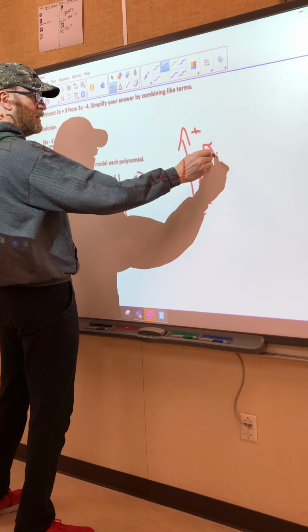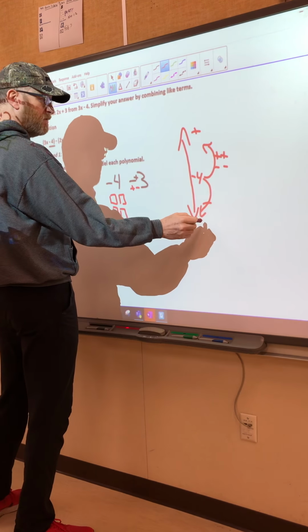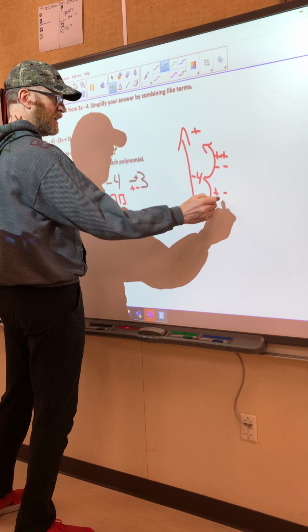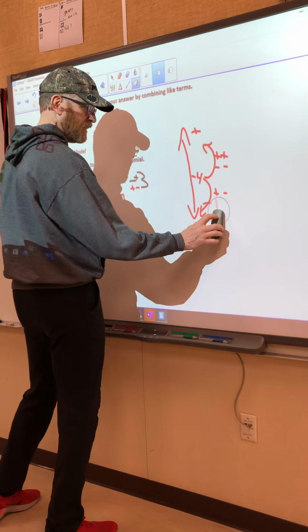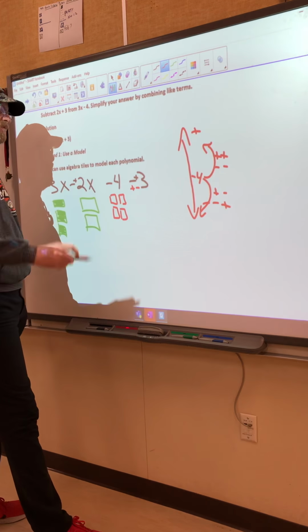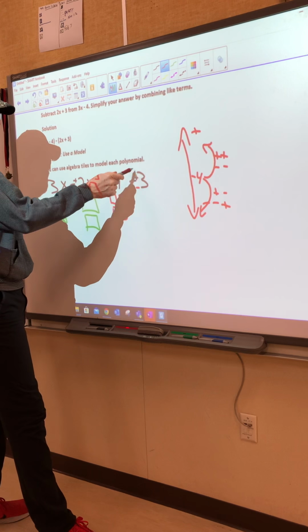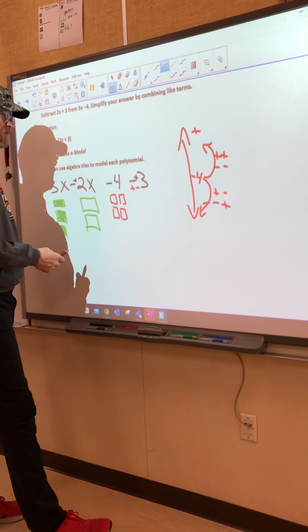To go up, we have to add positives or take away negatives, correct? To go down, we have to add negatives or take away positives, right? So either way, you're doing the same thing, whether you add a negative or take away a positive.